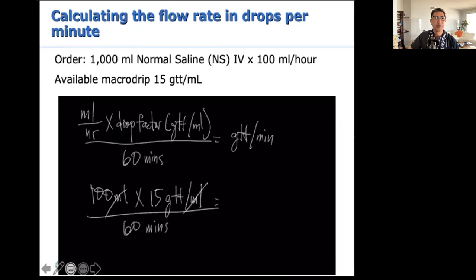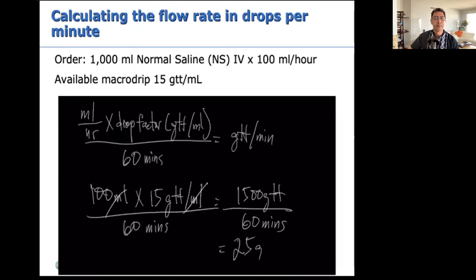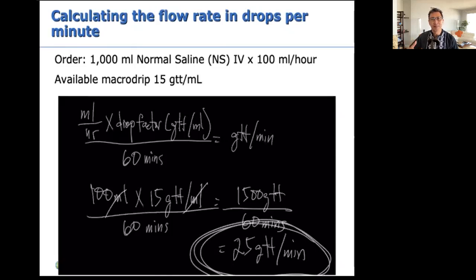Simple math, I'm crossing off my mLs. 100 times 15 is 1,500 over 60. And there is my answer: 25 drops per minute. So far there's nothing complicated. I'm plugging in numbers. You will have the formula and all the information you need for the formula on the question.